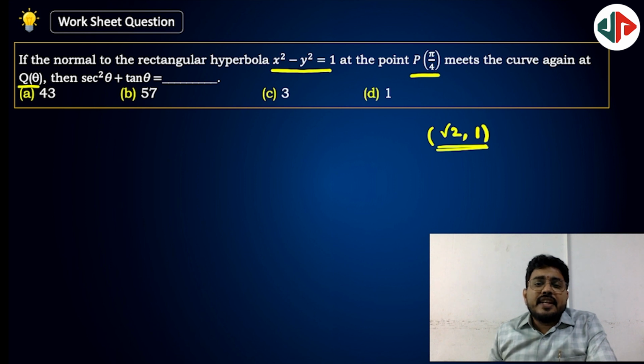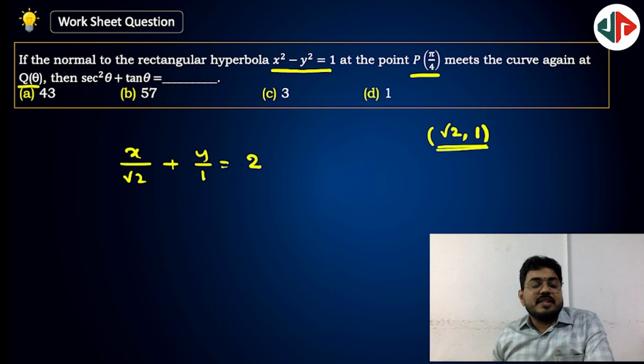So first of all, I need to write the normal equation. ax by secant theta plus by tan theta is equal to a square plus b square. So I can write it as x plus root 2y is equal to 2.